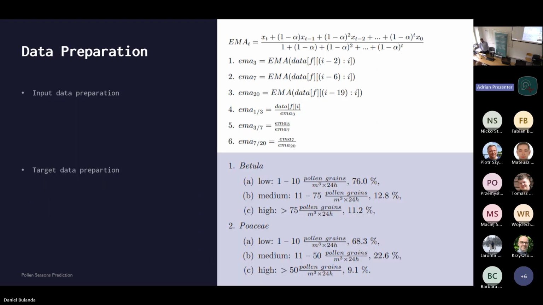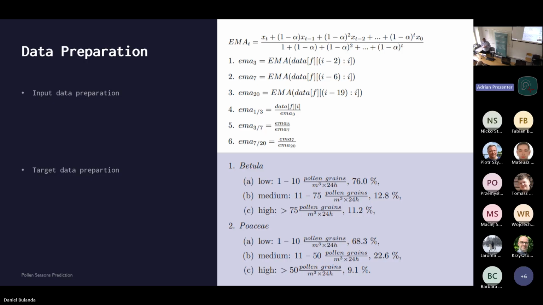We used many models in this topic. Some of them were able to use time series data, like convolutional neural networks or LSTMs, but others require some sort of feature engineering.